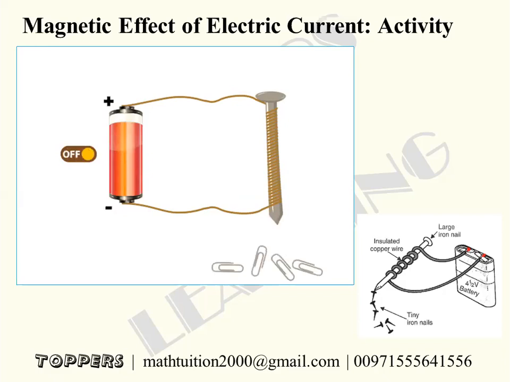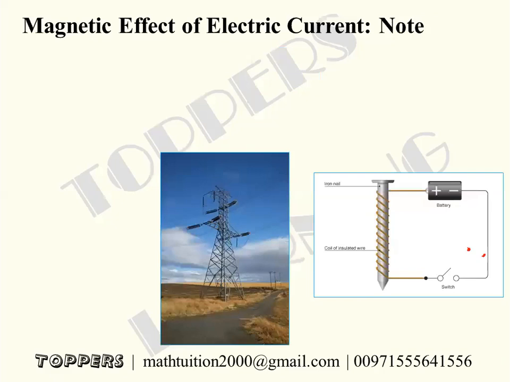When it is switched off, the magnetism disappears and the pins fall down. So this is a magnetic effect of electric current. On the flow of electric current, we have magnetism.